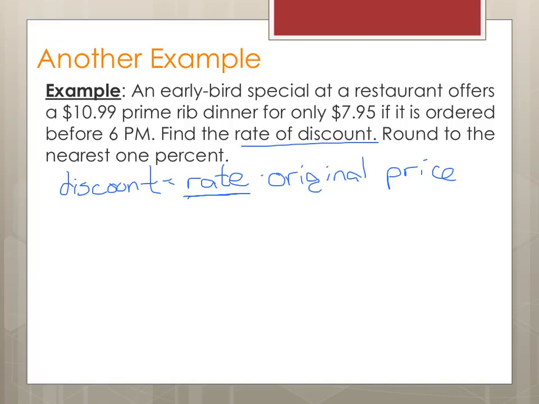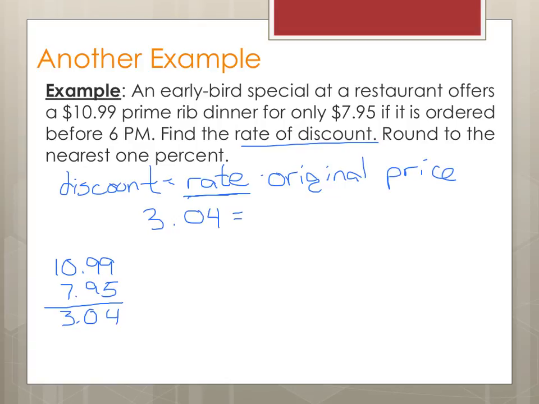So our variable is going to be here for the rate. What was the discount? Well, we need to subtract these two to find that out. That's going to be $10.99 minus $7.95. So our discount was $3.04. So plug that in here.